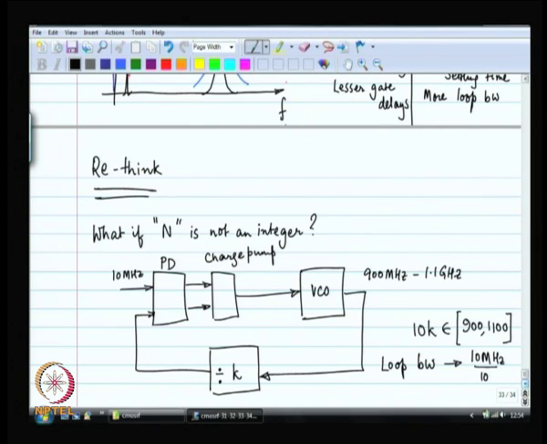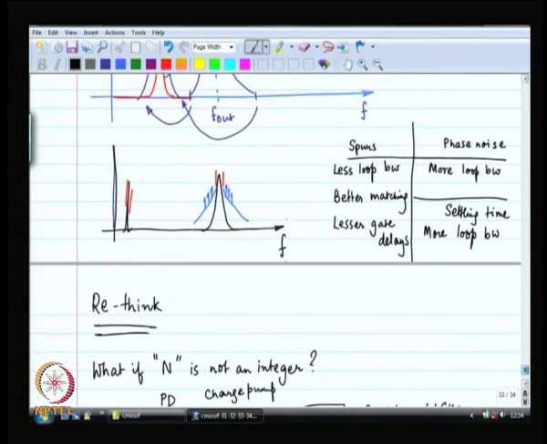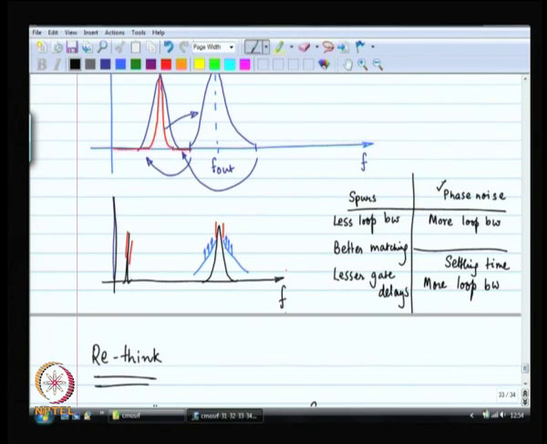Why is it nice? Because now I can improve my performance as far as phase noise is concerned. I can improve my performance as far as settling time is concerned. I can settle faster. My oscillator will have lower requirements as far as phase noise is concerned.